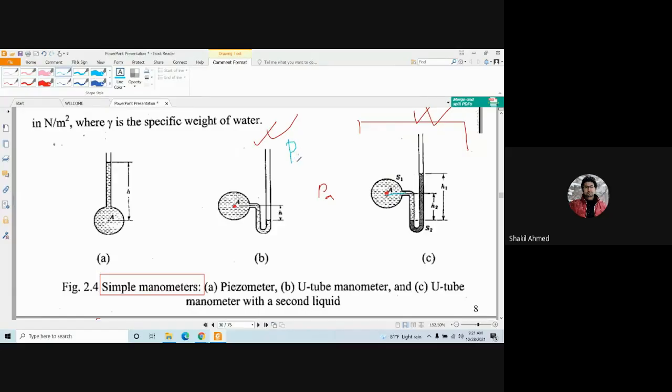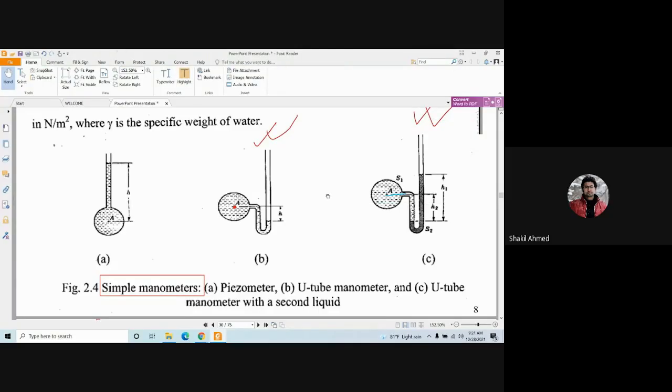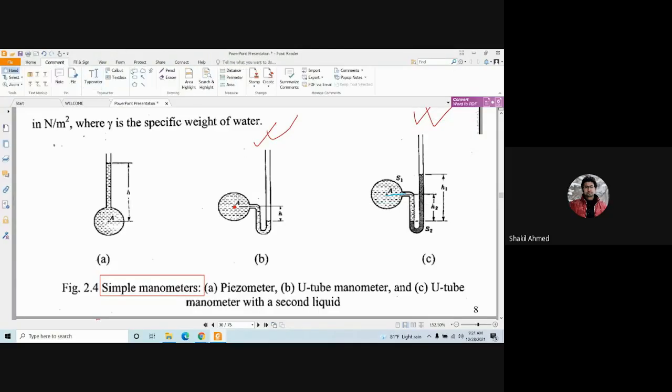Then we'll go downward, right? If you go downward, you have to write positive. Always remember, when you go downward, this has to be positive.